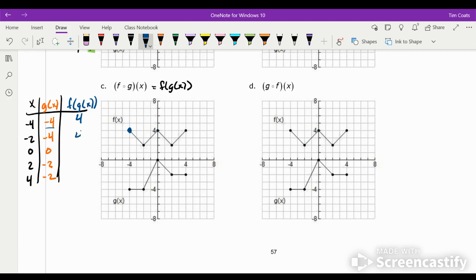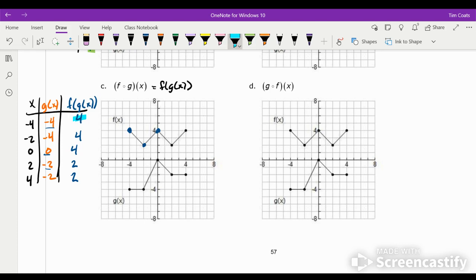Again, -4, so we know that's 4. Now, f of 0, this new 0 there from g of x, also gives me 4. F of -2 at this point, so we're going backwards. F of -2 is 2. And then f of -2 is 2. So there is all my new points to help graph this.